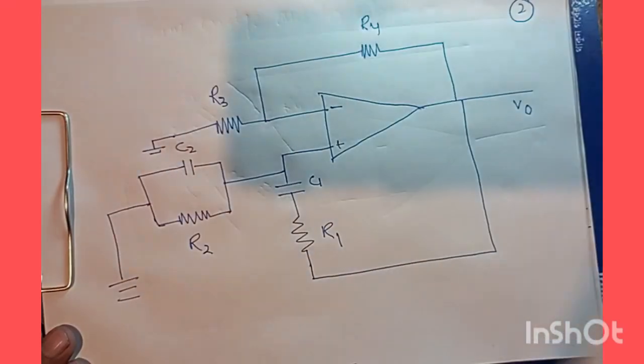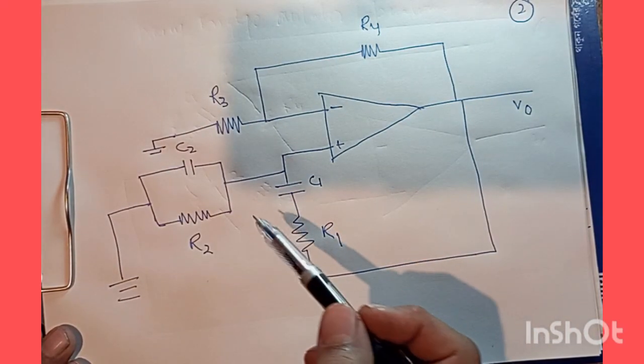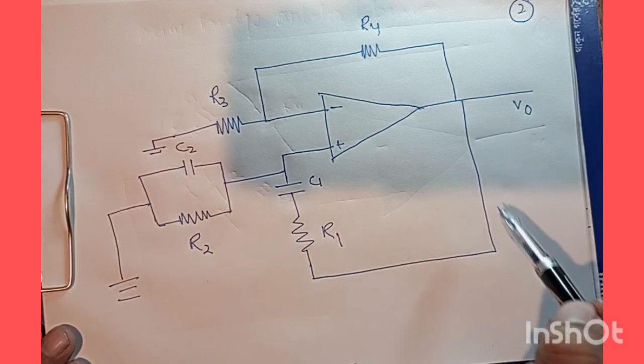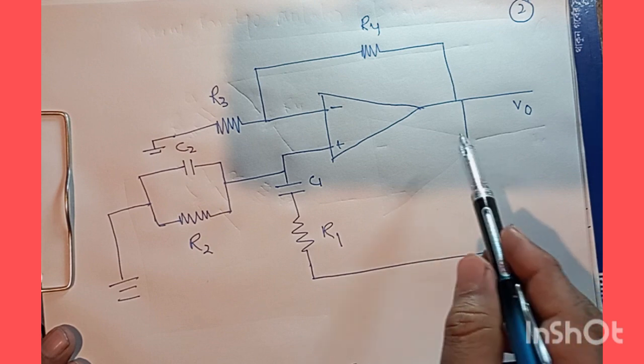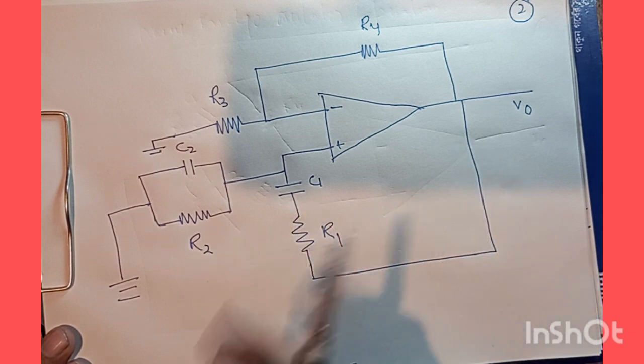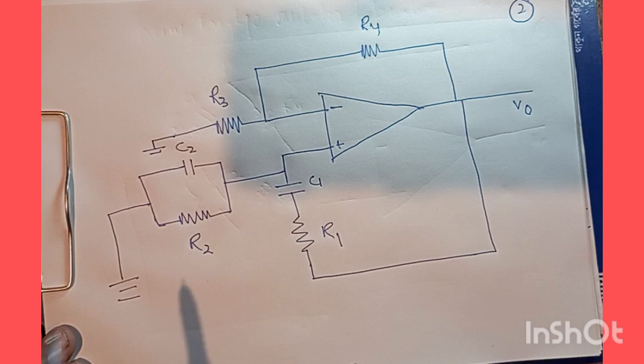Now let us boil down this circuit, where we can make use of the output that we have, and we are subjecting that output to the two RC type of situations.